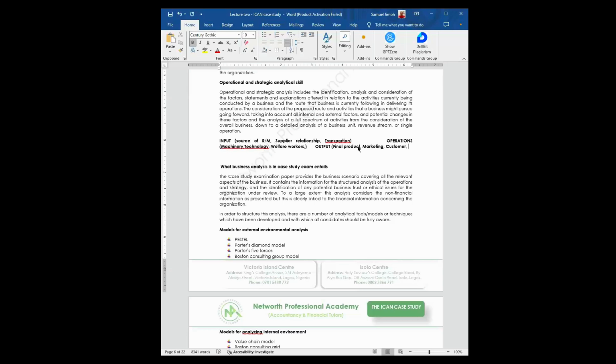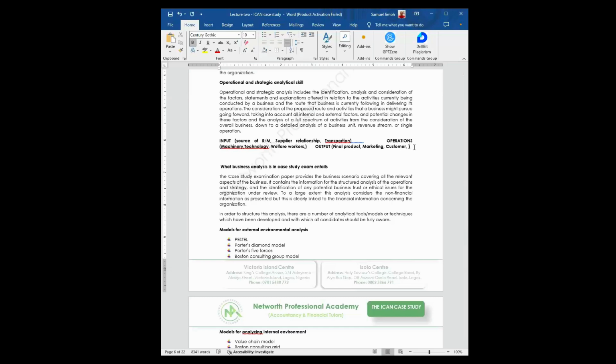And so much more. So when we talk about operational and strategic analytical skill, we are looking at a scenario whereby we want to analyze these business operations, the stages in business operations, and how these issues affect or will affect the success of a business.